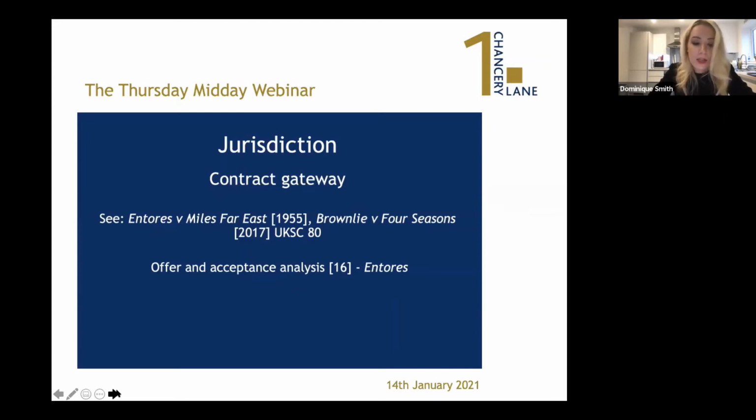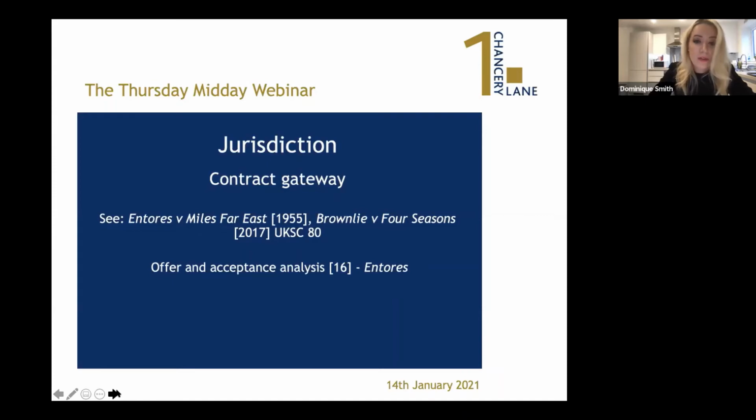In doing so, he referred to the test which has been applied for many years, namely that in Tor­os and Miles Far East, which you can see the citation on the screen. That's where one has to look at offer and acceptance in order to analyse where a contract was made and therefore whether it was made in the jurisdiction.